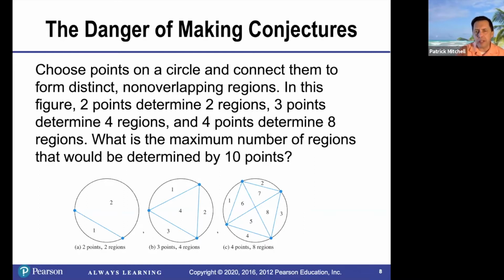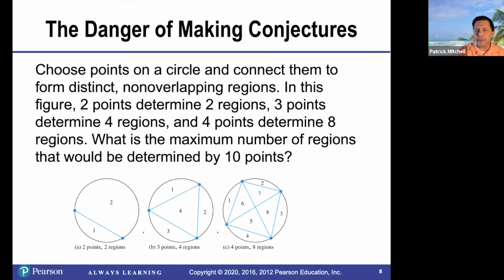If I added points here right next to this 2 and down here right below this 4, I would not want a line that goes right through this point, because that would not give me the maximum number of possible regions. So I want to stagger those points in a sort of irregular pattern.